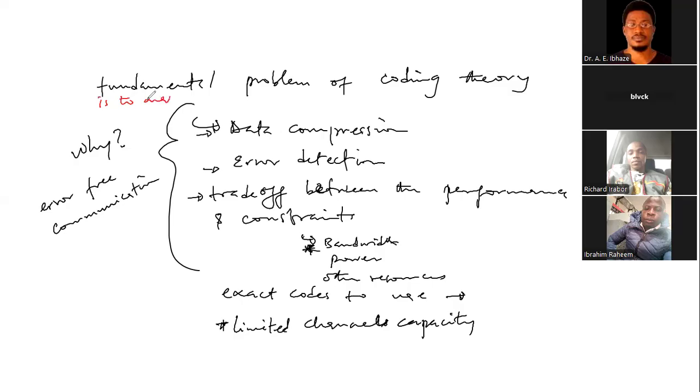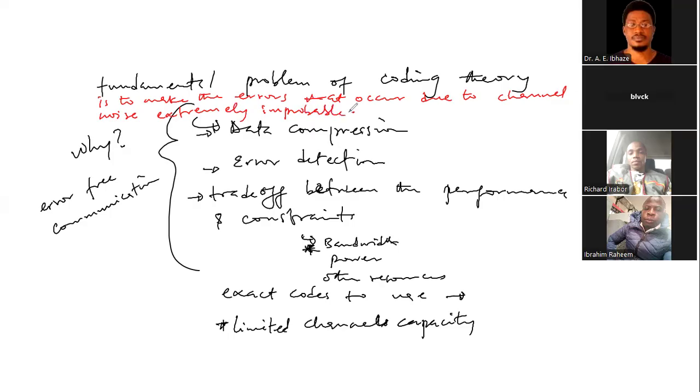So now we can say that the fundamental problem of coding theory is to make the errors that occur due to channel noise extremely improbable.